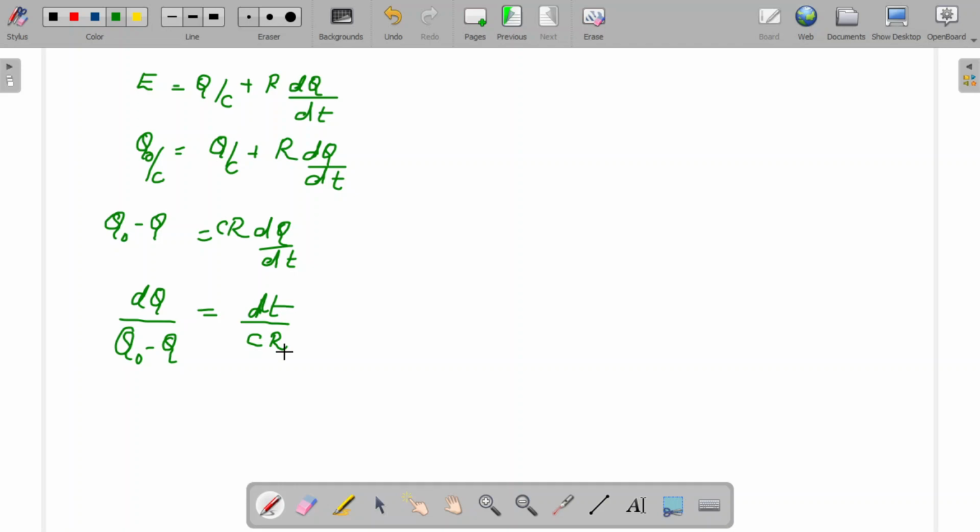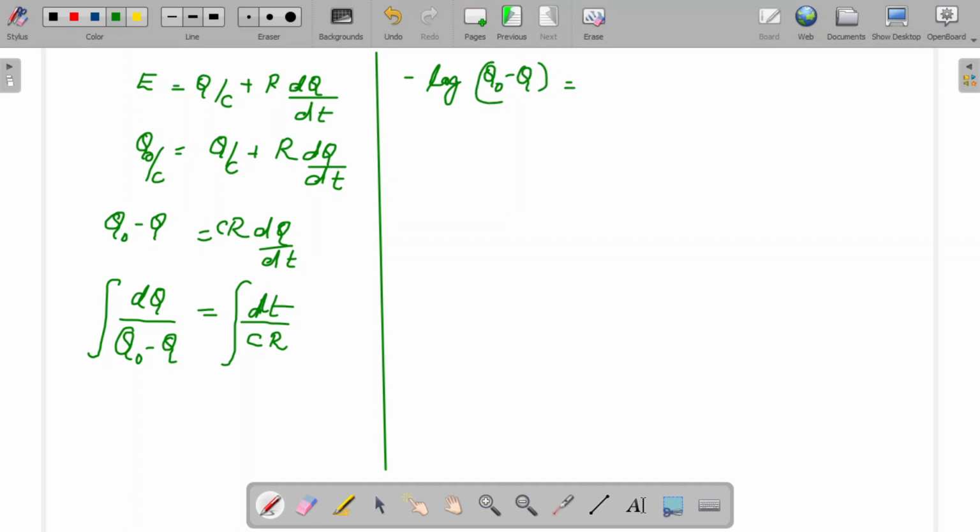Okay, so now we'll integrate both sides as usual. When I integrate both sides, I'll get minus log of Q0 minus Q is equal to t by CR plus a constant of integration k.